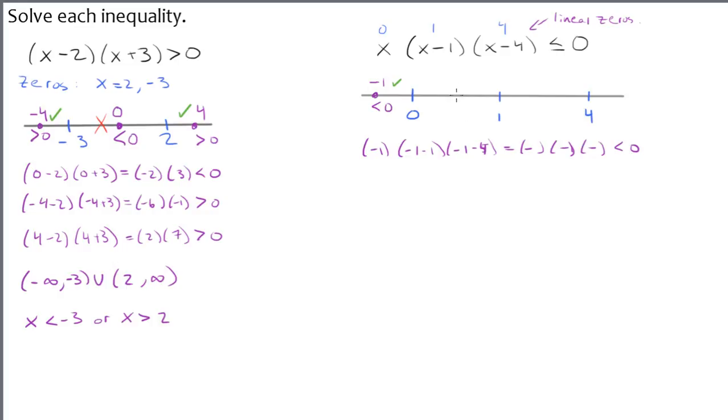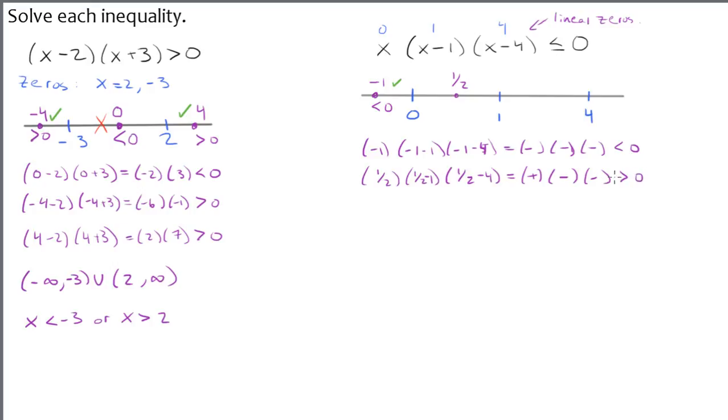I'm going to test between 0 and 1, I guess a half. And this is where we just look at the signs of the relationships rather than the actual numbers. 1/2 is positive, 1/2 minus 1 is going to be negative, 1/2 minus 4 is going to be negative.